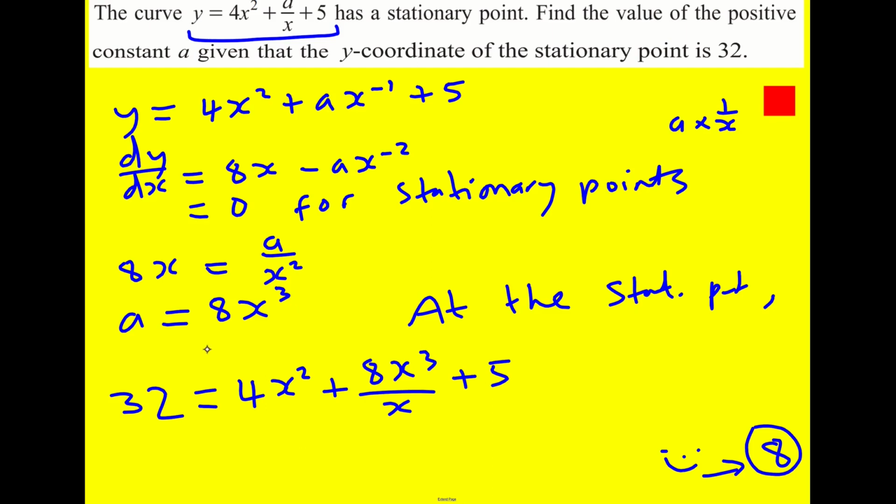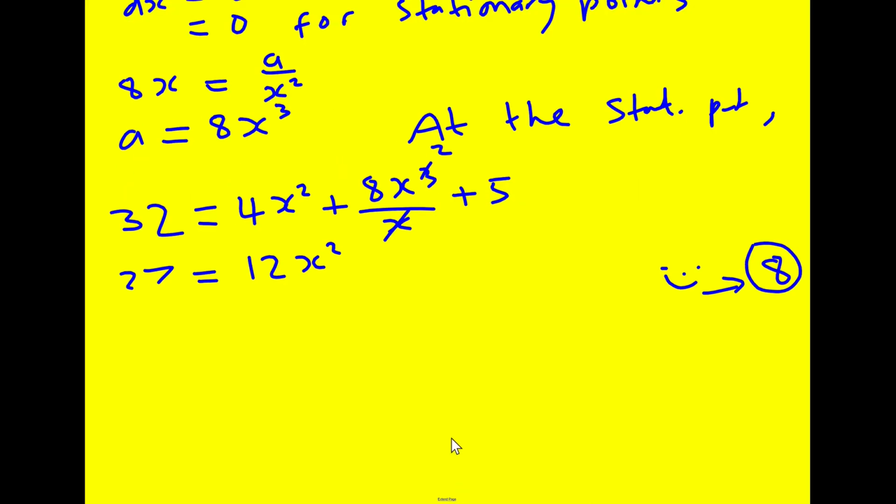And what I've done is now I've got an equation with just one unknown. These are going to cancel to give me 4x squared plus 8x squared. What I can do is I can minus 5 from both sides, add these up, I've got myself an equation. And that's going to mean that x squared is equal to 27 over 12.